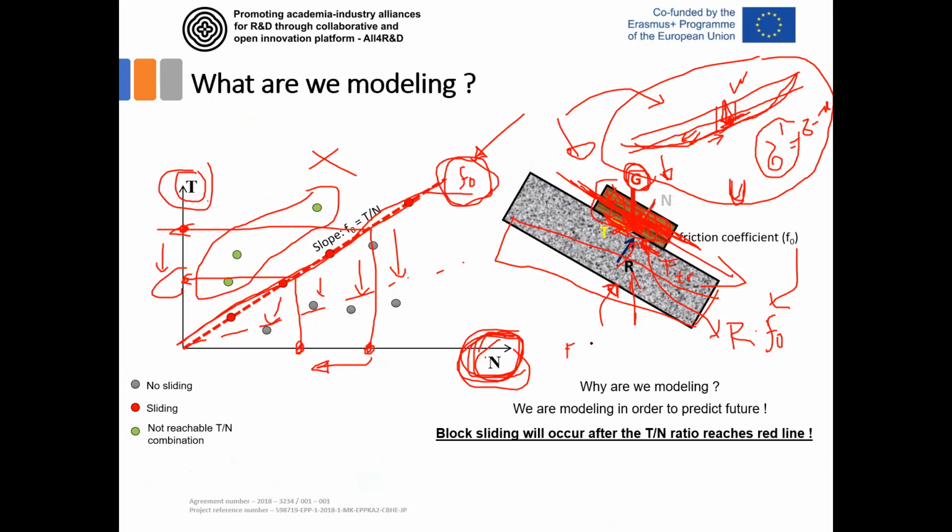The safety factor here is actually the ratio of resisting force, F friction, divided by T force, where the friction force is actually this reaction normal force multiplied by the friction coefficient. The same thing occurs in the soil, but we don't have the friction coefficient. We have the tangent of the internal friction angle.